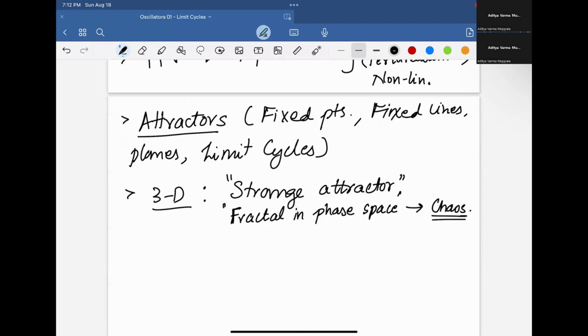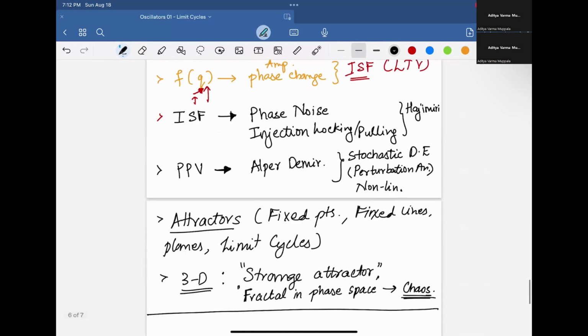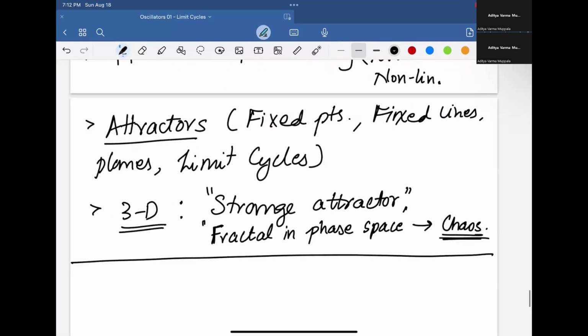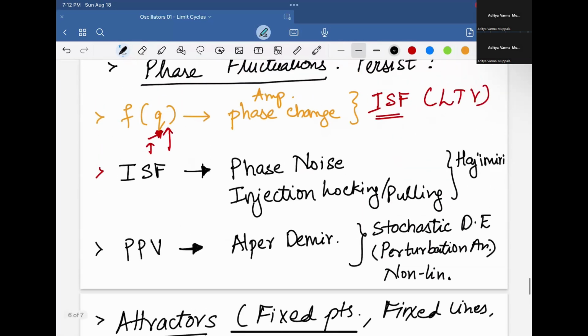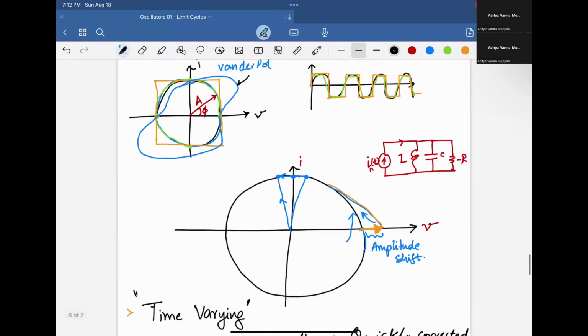Chaos is a huge field right now, used in studying weather patterns and things like that. It's very interesting, and I highly recommend that people who are interested read Strogatz's book or watch his YouTube videos. He gives a very beautiful introduction to this entire area, which really inspired me as well. I'd like to thank him for his videos. Those who are interested can read about it there in more detail. Hopefully this preamble to limit cycles, as a qualitative introduction to what a limit cycle is, makes some sense.